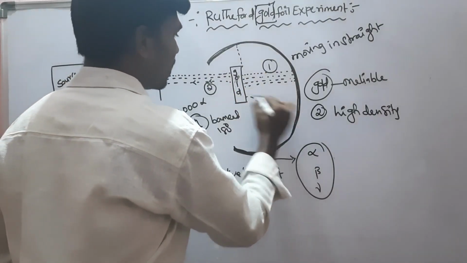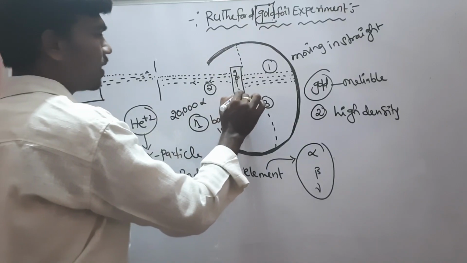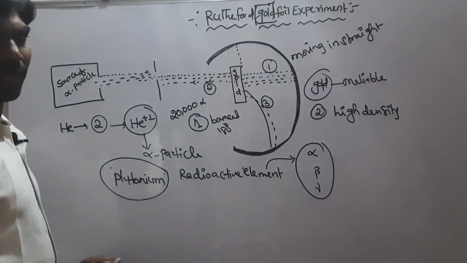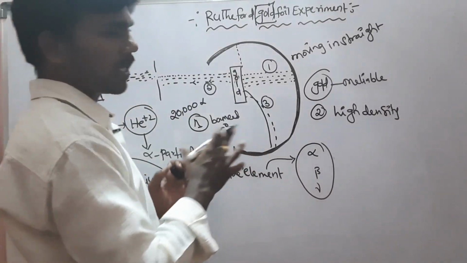Third observation: some of the alpha particles take a slight deviation. So these three observations he made.